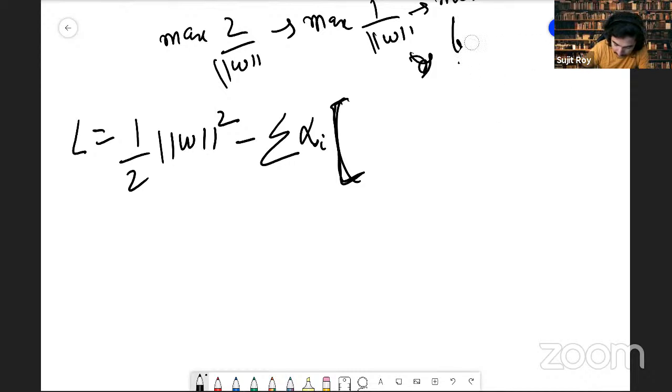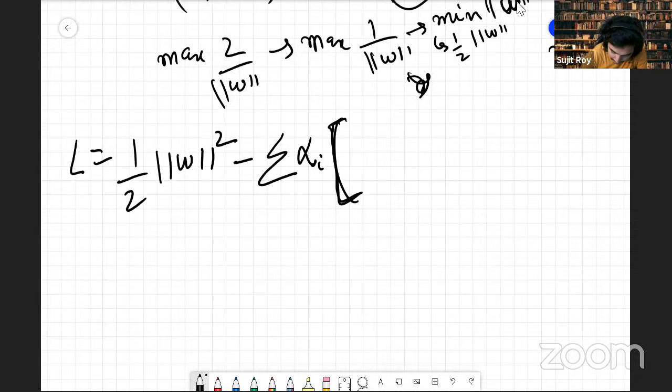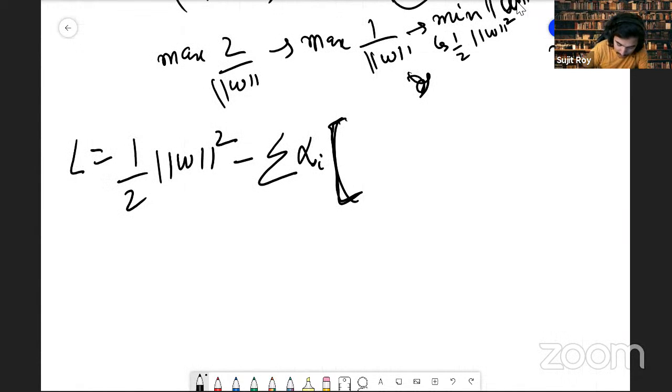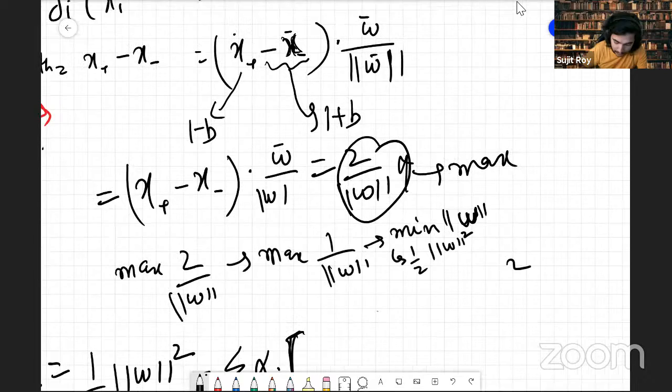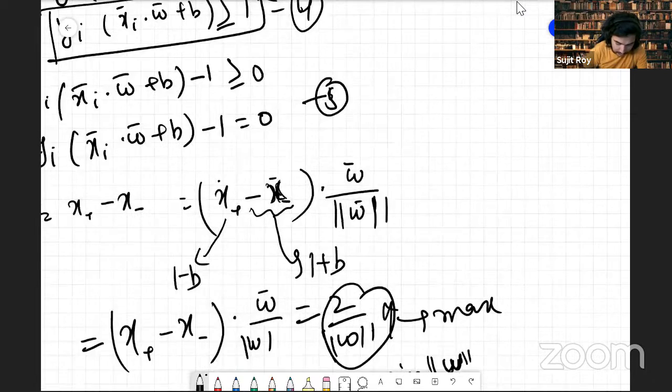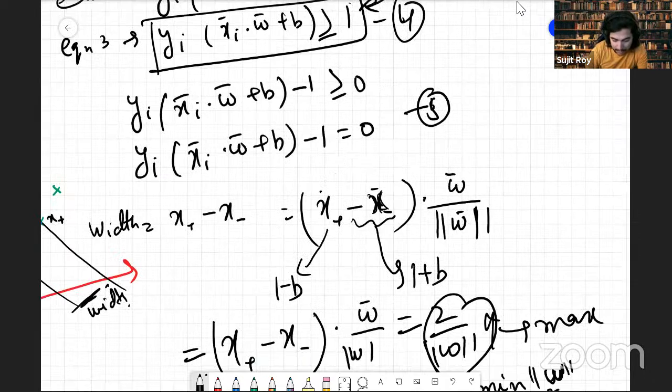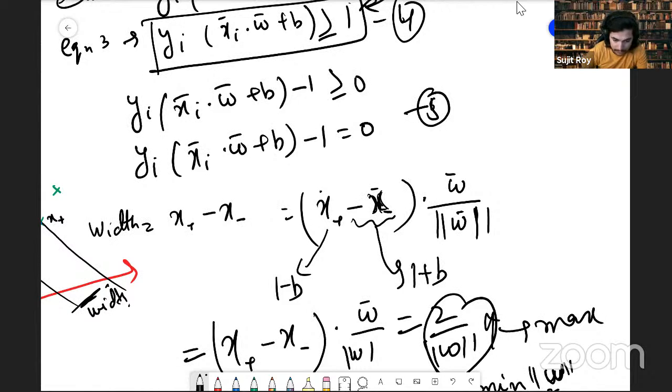So just write it here. Now I have to get the full equation here, which is yi times (w·xi plus b). So minus 1.